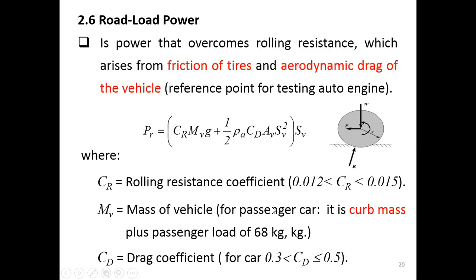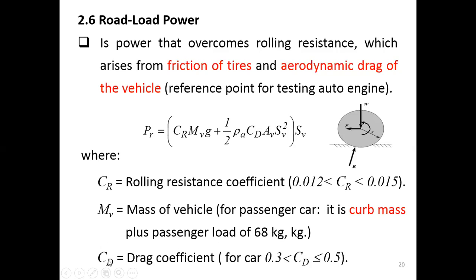For a passenger car, it refers to the curb mass plus the passenger load of 68 kilograms. So this mass of the vehicle is not only the mass of the car itself, but also includes the mass of the passenger that sits inside the car, and that passenger weight is 68 kilograms.